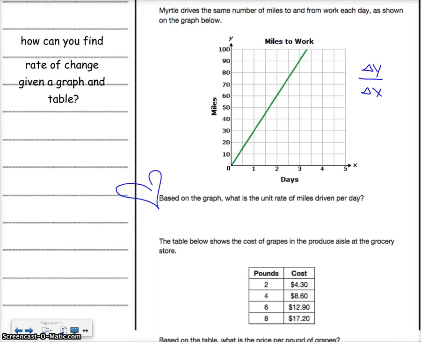So I want to know the unit rate of miles driven per day. That is just slope. How did my y change? How did my x change? And look, y is miles, x is day. It is connected to slope. So I'm finding a perfect point. Here's one. I'm finding another perfect point.